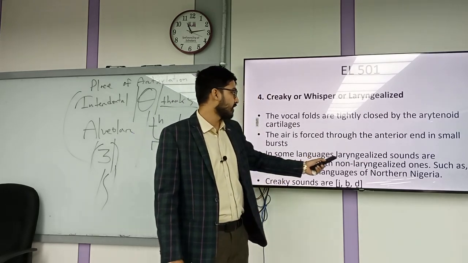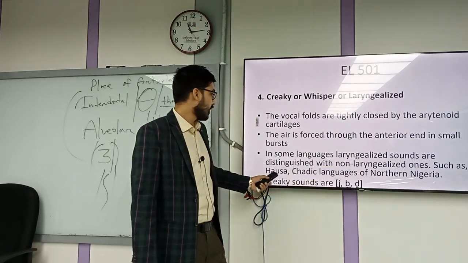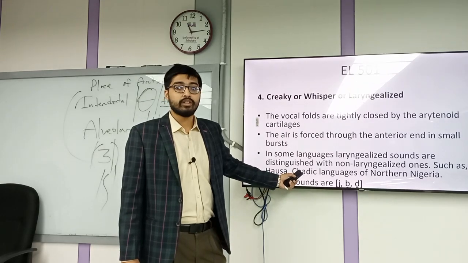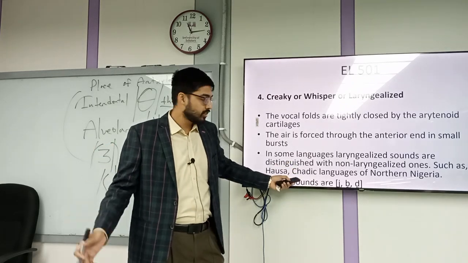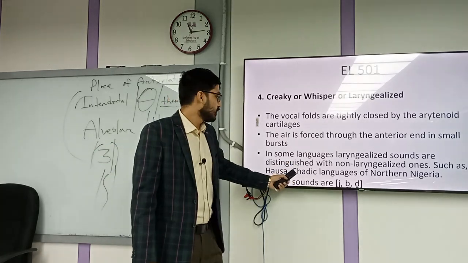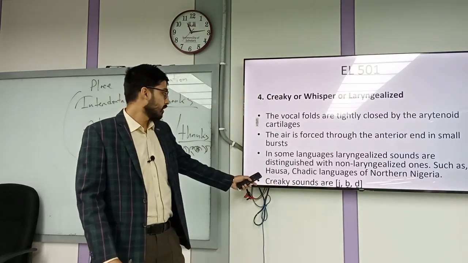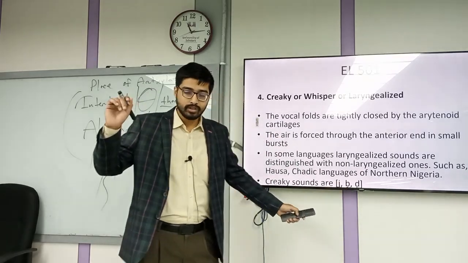In some languages, laryngealized sounds are distinguished from non-laryngealized sounds, such as in Hausa and the Chadic languages of northern Nigeria. Someone says Shad, someone says Chad. Creaky sounds are just like those.